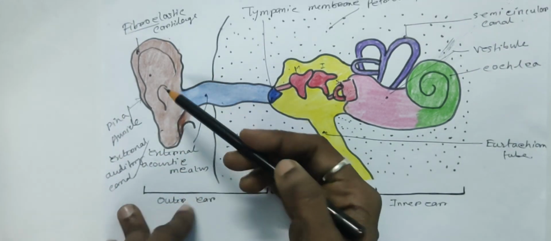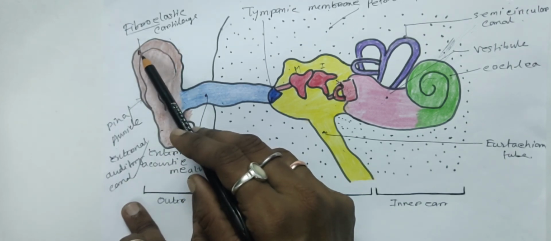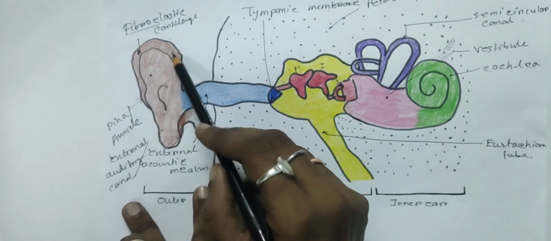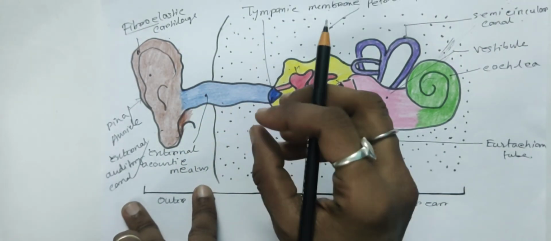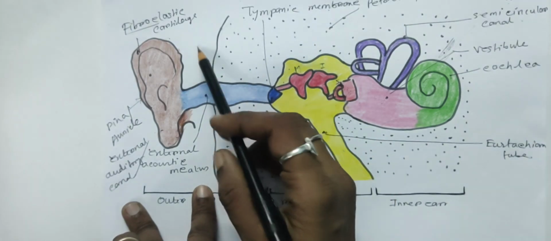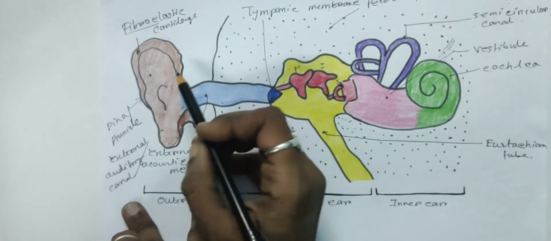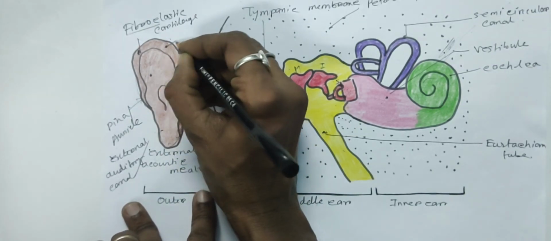Let's come one by one. First, at the upper part of the ear, this fold is the most prominent. It has ridges and is deeply grooved. So these are the most prominent ridges at the topmost. This is called the helix.